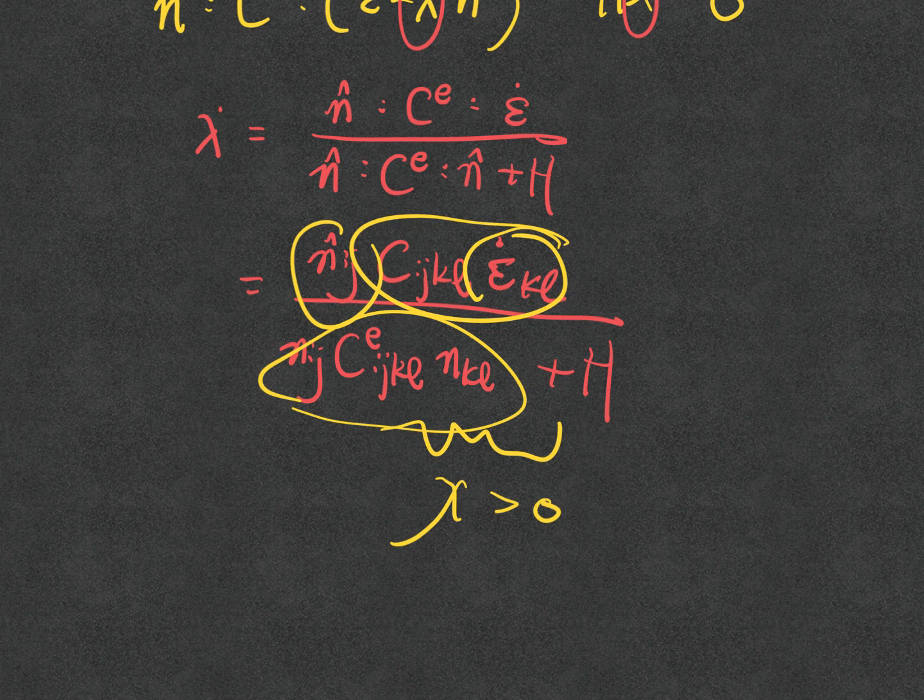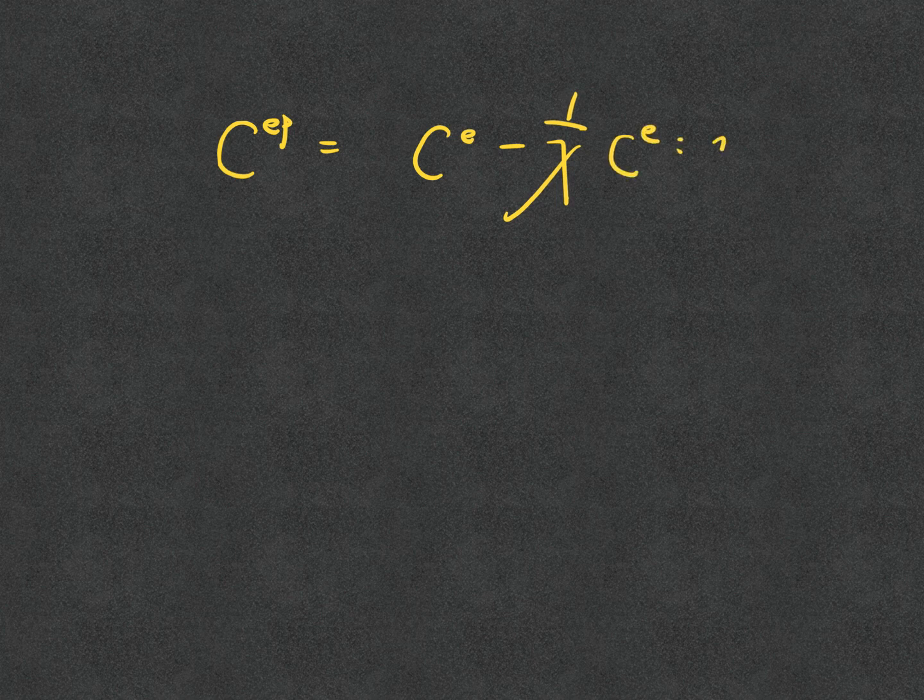Now go back to this. If I want to write it in more detail, just for simplicity, I want to talk about a different topic. C^EP would be equal to C^E minus 1 divided by the x that we defined before, times C^E double dot n times n double dot C^E.